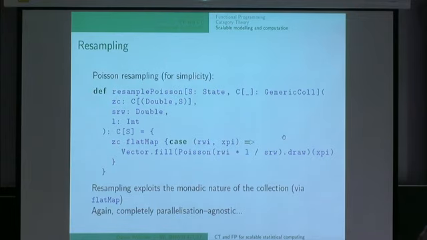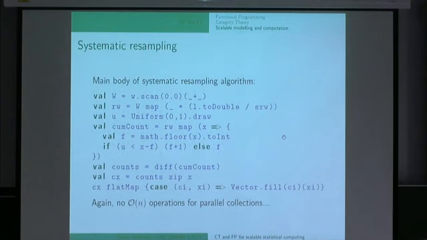Poisson resampling isn't the best on long time series. Multinomial resampling is kind of interesting. That's easy to express with simple combinators in a serial way using something called fold left. You can do it in parallel as well, but it's a little bit more involved. It needs a kind of down sweep on a binary tree. But systematic resampling is usually better anyway, and that's really easy to express with these combinators.